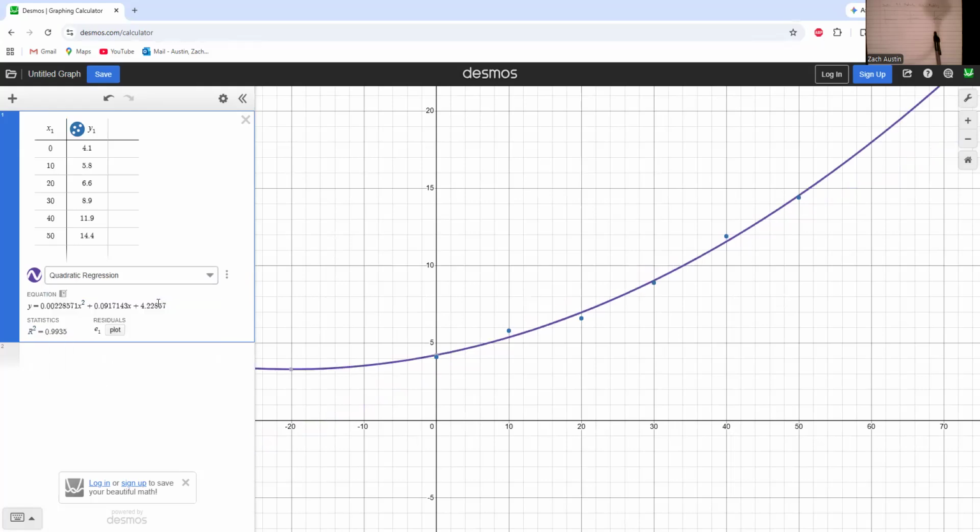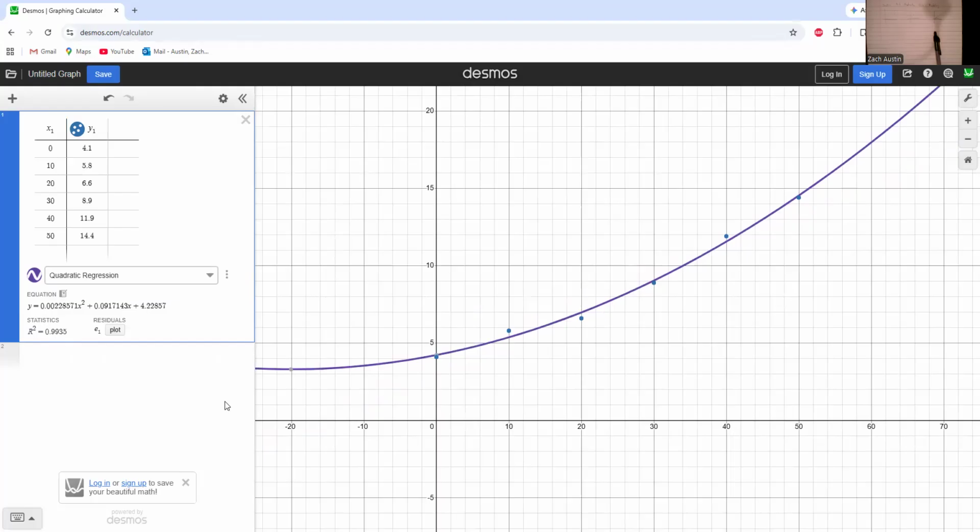But if I try a quadratic regression, I get a much better R squared value. 0.99 is much closer to 1. So the quadratic regression is a better option here. It makes sense because the data does have a bit of concavity to it. It's a graph that appears concave up to me.